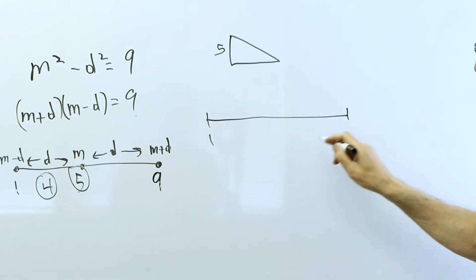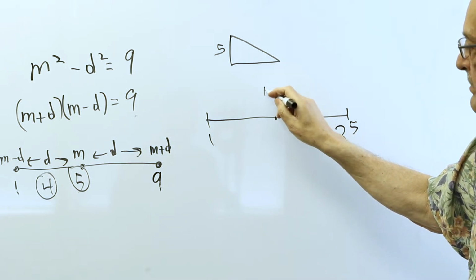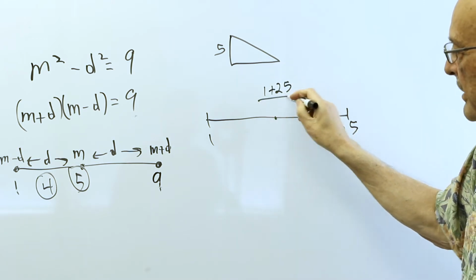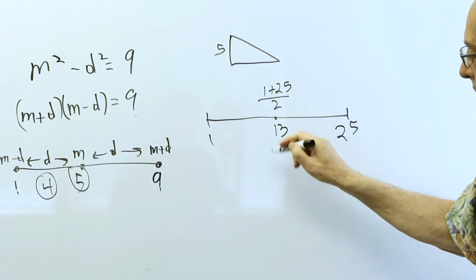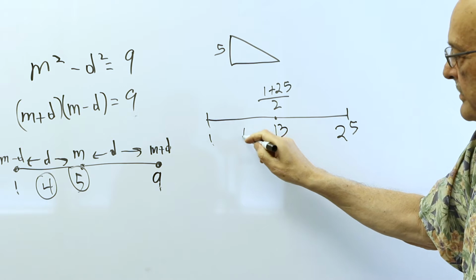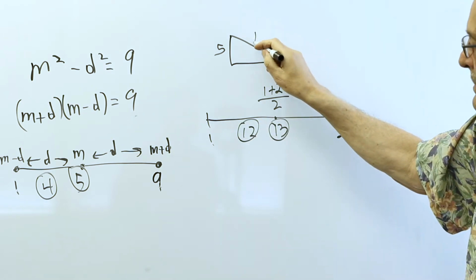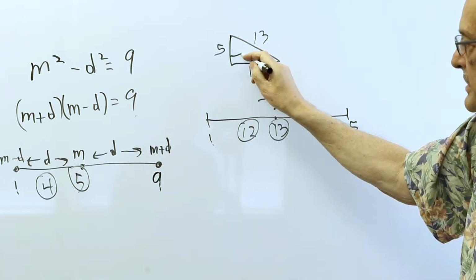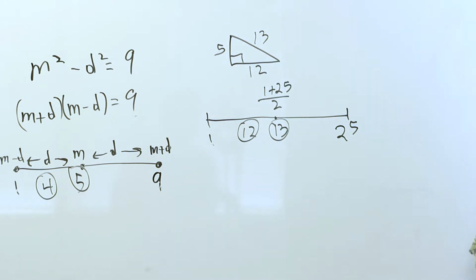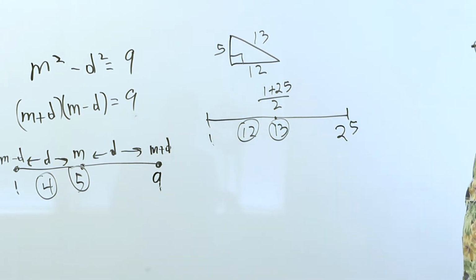So 1 times 25 is our only choice, and the number in the middle is 1 plus 25 divided by 2. So 26 divided by 2 is 13, and 13 minus 1 is 12. So this gives us the hypotenuse and the other leg. And again, this is a right triangle. So we found a Pythagorean triangle very quickly using this visual aid.